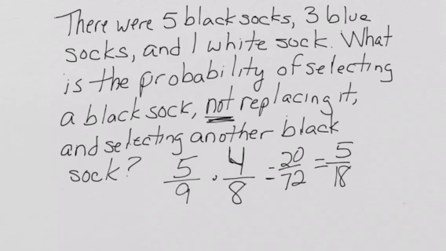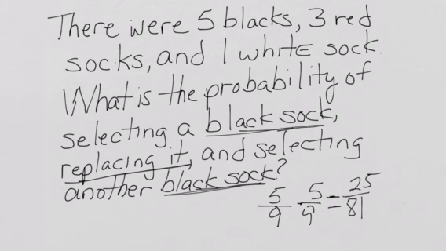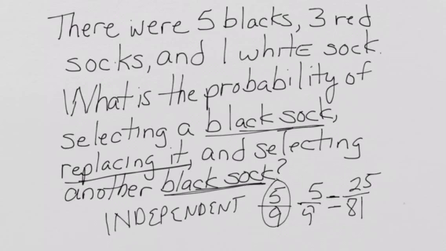Now, what was the difference between these two? Well, this one, the first one, is what we call independent. It's an independent event. Basically, one thing does not have to do with the other thing. What happened in the first event, the drawing of a black sock, does not affect the second drawing of a black sock.